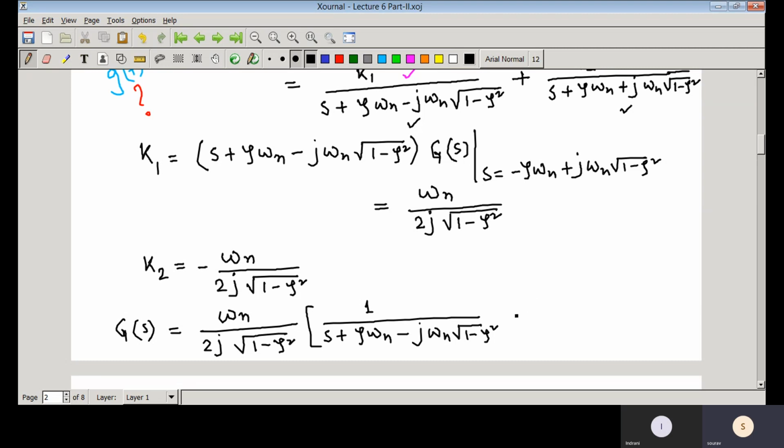This is that first term, minus 1 by s plus zeta omega n plus j omega n square root of 1 minus zeta square.